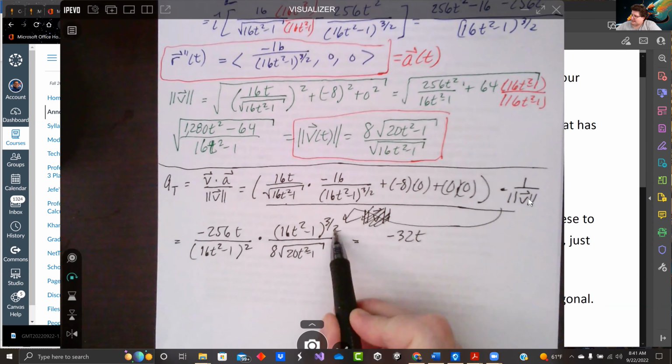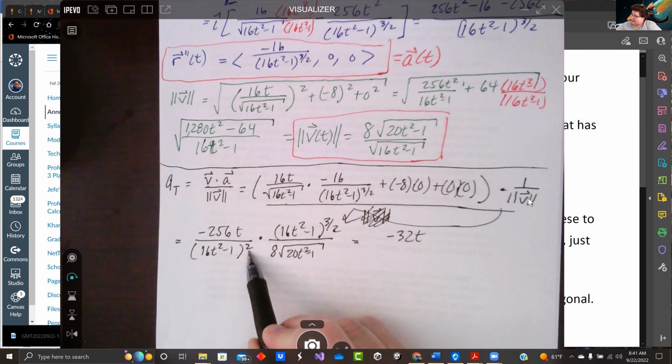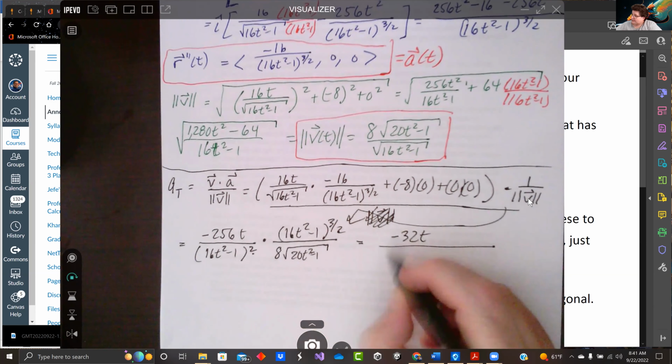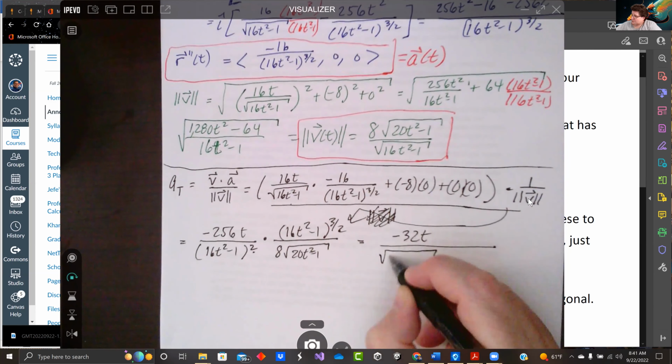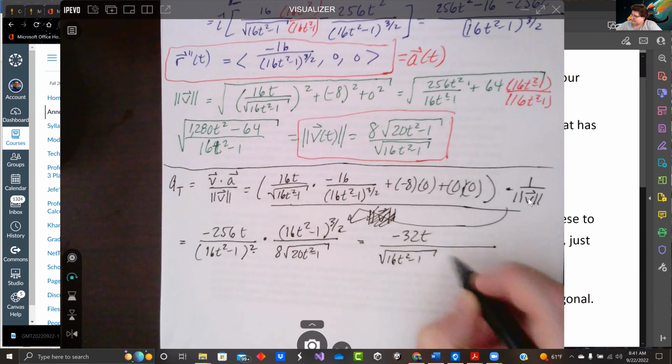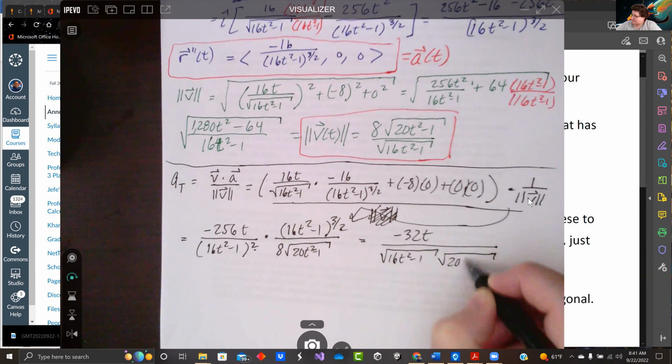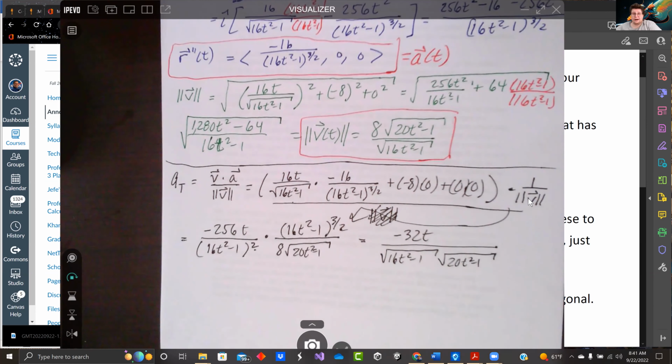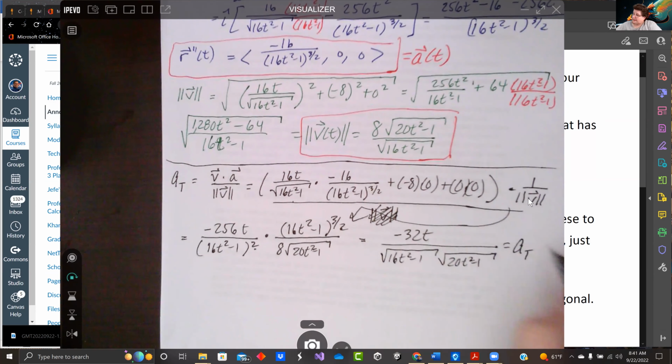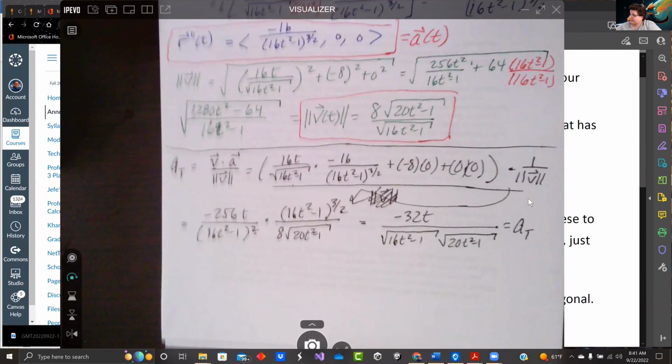This 3 halves is going to cancel almost all of this square down here. The denominator is the square root of 16t squared minus 1 times the square root of 20t squared minus 1. And that's some ugly stuff, right? That's my tangential component.